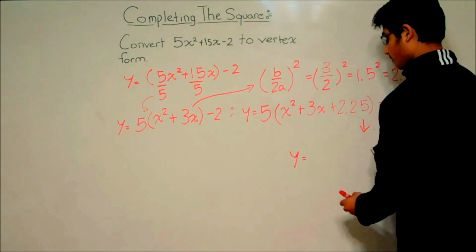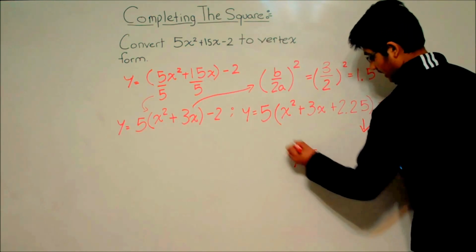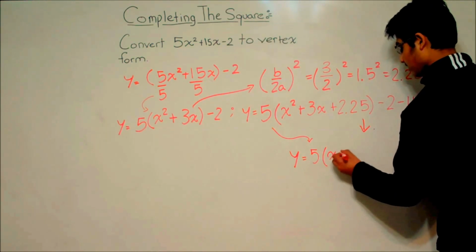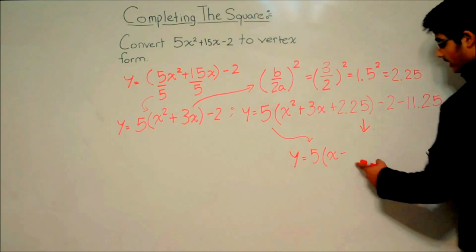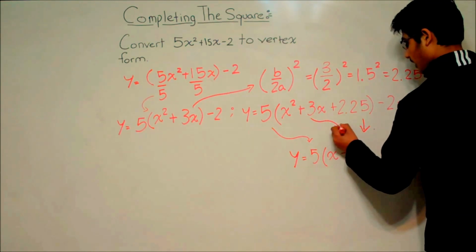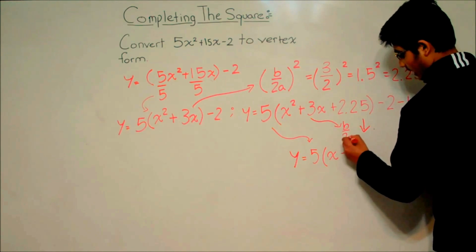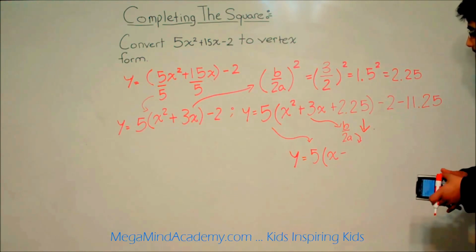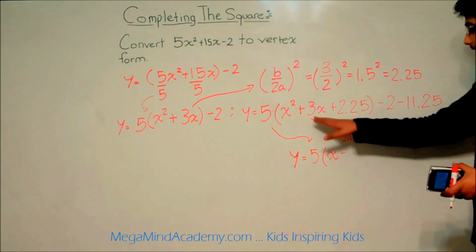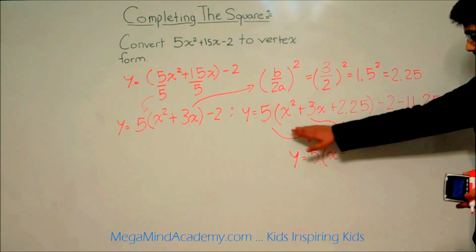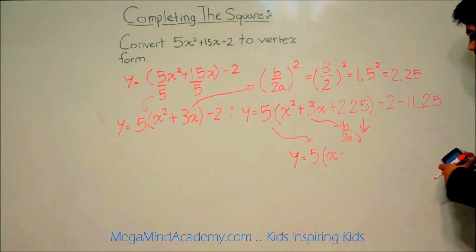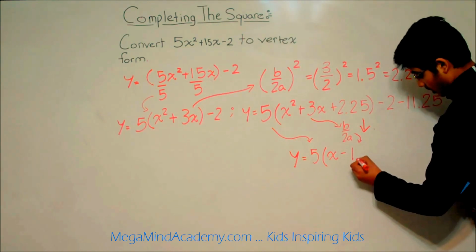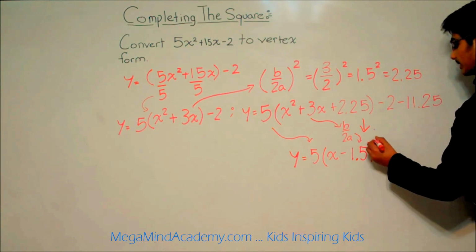Y is equal to 5, this a comes down here, times, in parentheses, x minus, now here what we write is b over 2a, which is 3 over 2, because 2 times 1 is 2. So it's 3 over 2, which is 1.5, minus 1.5, parentheses closed, squared.